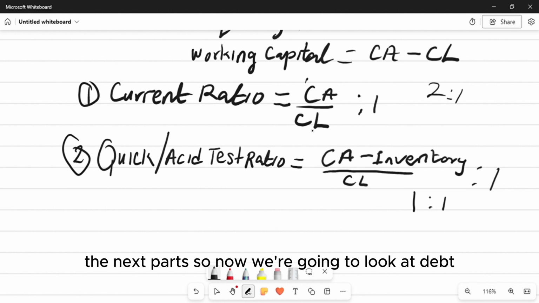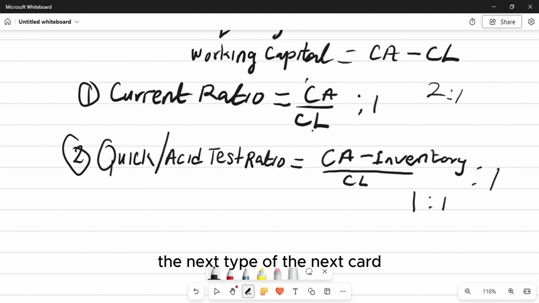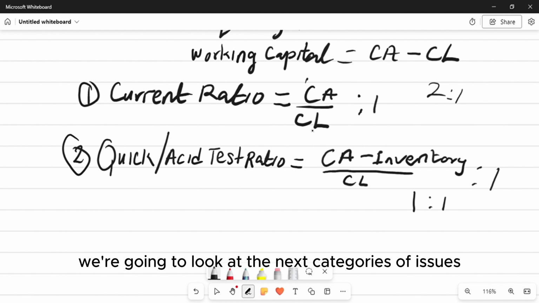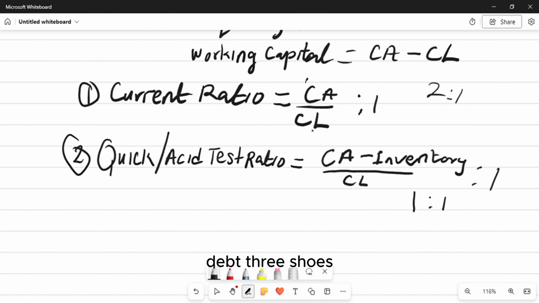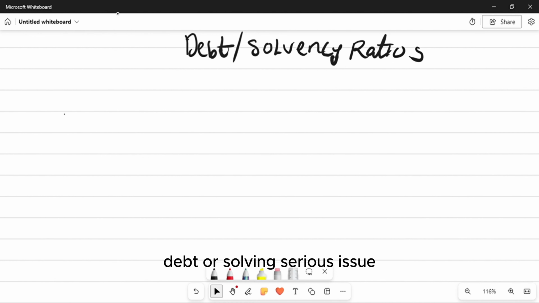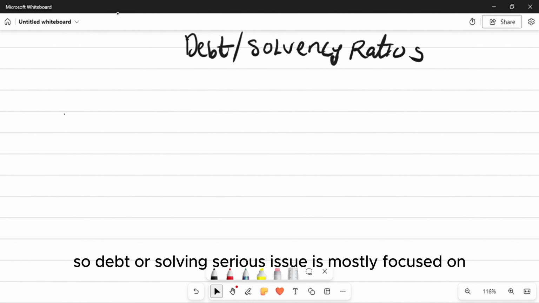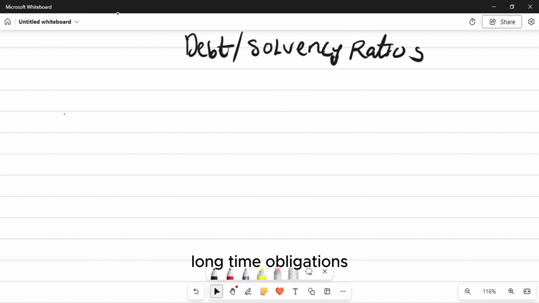Next, we're going to look at debt ratios. So now we're going to look at the next category of ratios, debt ratios, or solvency ratios. Debt or solvency ratio is mostly focused on long-term obligations.